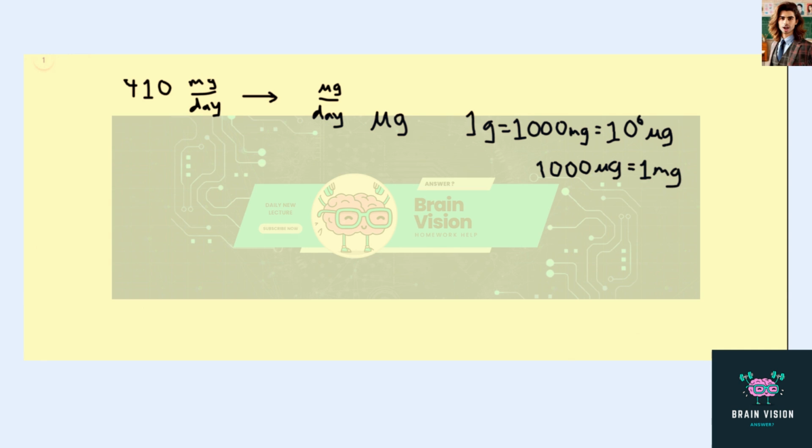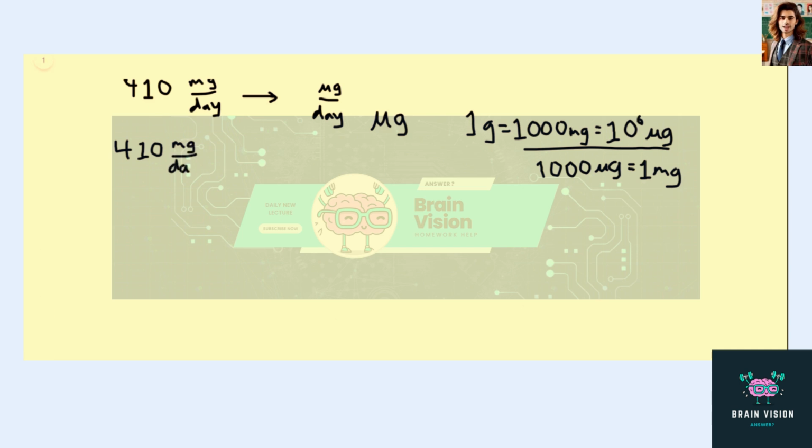We could get this by taking this quantity and dividing it by 1,000 on both sides. You lose 3 zeros here, 3 zeros here, and that would be 10 to the 3, which is 1,000. So 1,000 micrograms is 1 milligram. And so we go 410 milligrams a day.